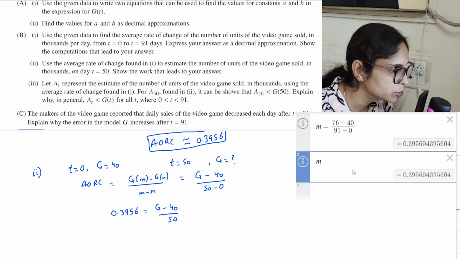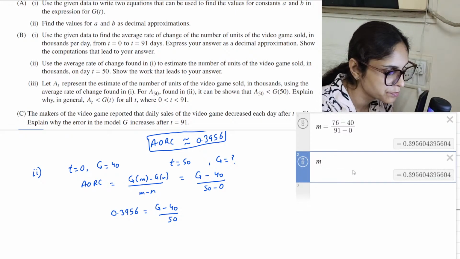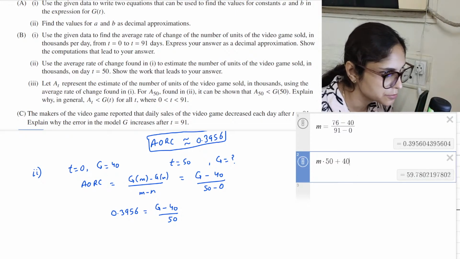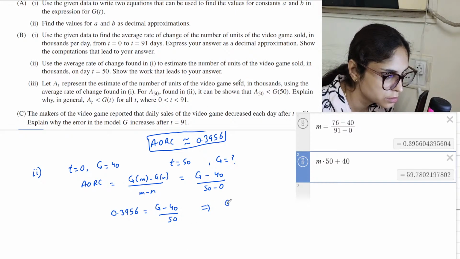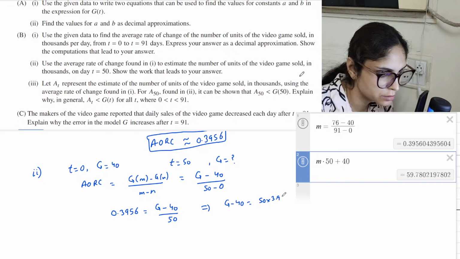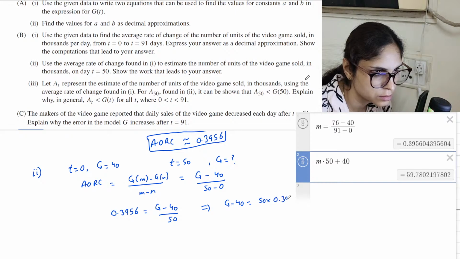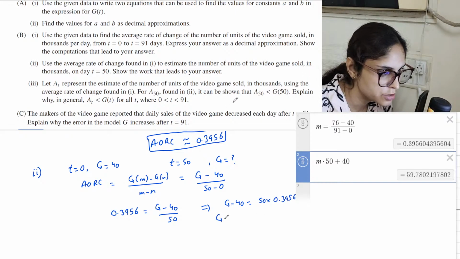So basically you will have to do M times 50 plus 40, which is 59.78. Got it? From here, G minus 40 would be 50 times 0.3956, my bad. And G would be 50 times 0.3956 plus 40.